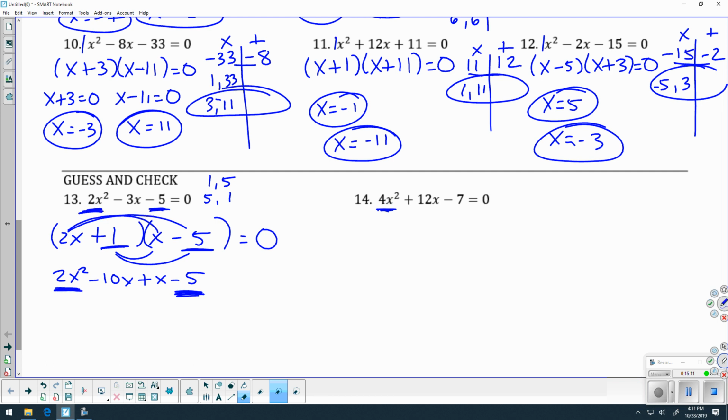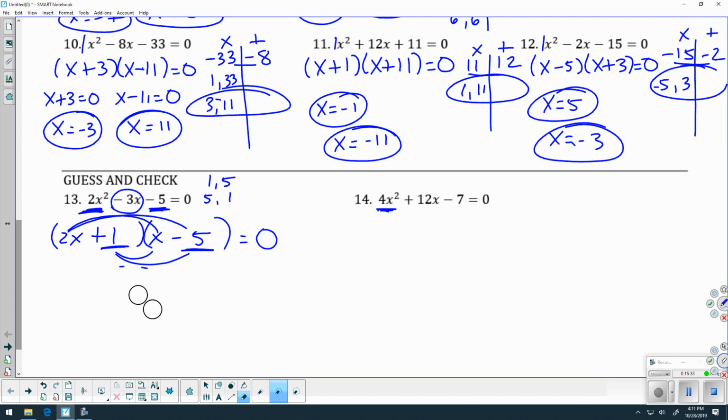Negative 5, negative 5. What we really need to check right now is this middle portion. Negative 10x plus 1x, that's negative 9x. But we want negative 3x. So that's a no-go. My first guess was incorrect. That did not work out.